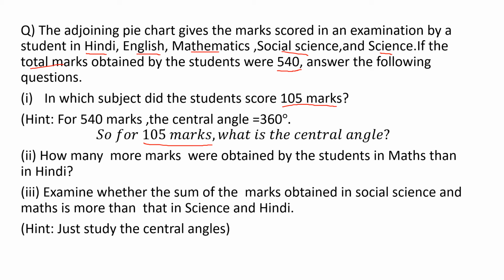Then the third question: examine whether the sum of the marks obtained in social science and maths is more than that in science and Hindi. Sum of marks means adding, right? So we want to add social science and maths marks, and one answer will be given.